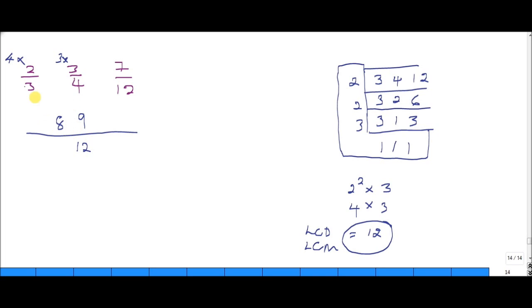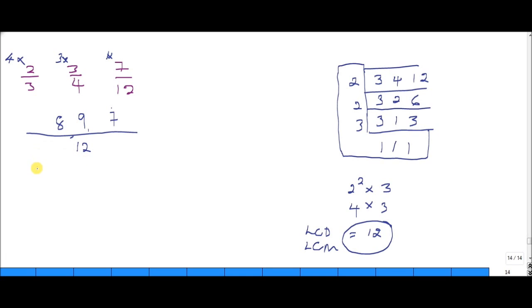So the second fraction, 3/4, is equivalent to 9/12. Then 12 into 12 will go 1 time, and we multiply the numerator by 1, which gives us 7, and the denominator by 1, which gives us back 12.